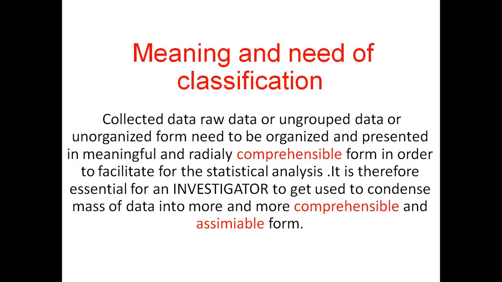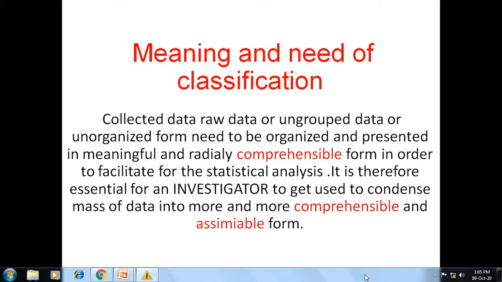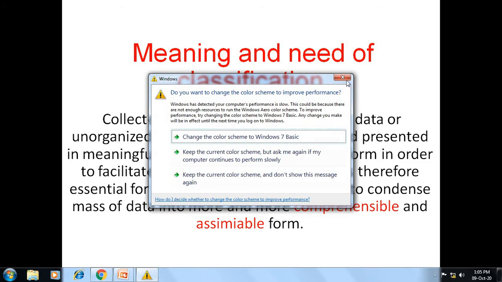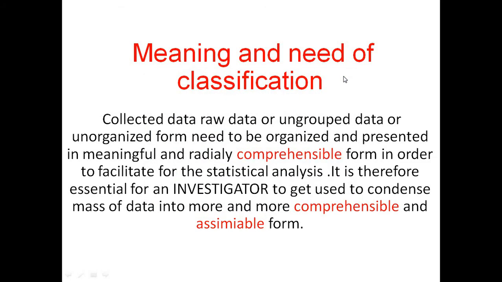Here, first we have to get an idea about the meaning and need of classification. We know that when somebody collects data or observations, that collected data is known as raw data or ungrouped data, or unorganized form, and it needs to be organized and presented in a meaningful and readily comprehensible form in order to facilitate statistical analysis.